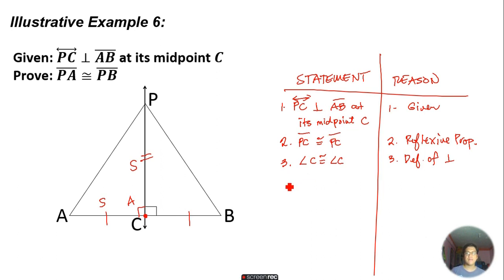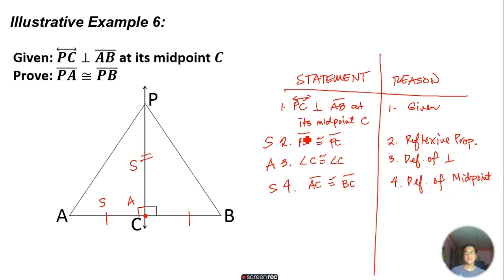Next, number 4. This is already S. This is A. The last is, because we have a midpoint C, therefore AC is congruent to BC. That is our side. So number 4, our reason is definition of midpoint.